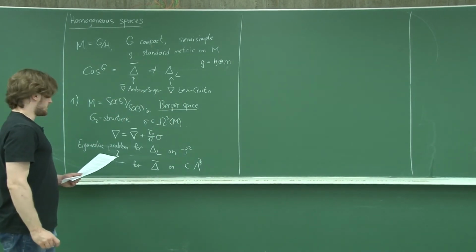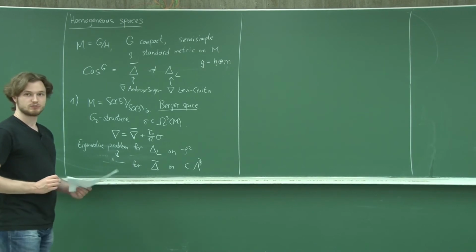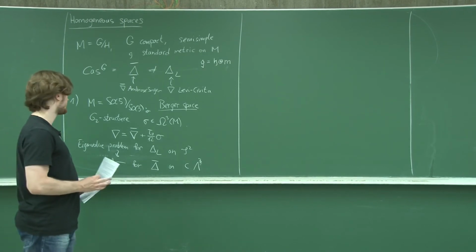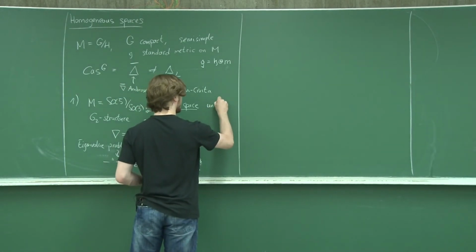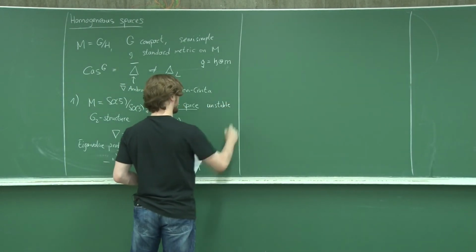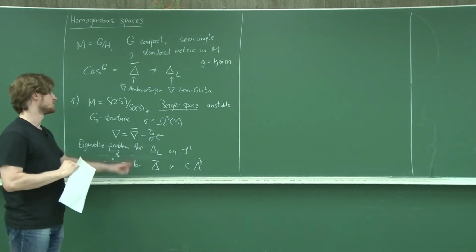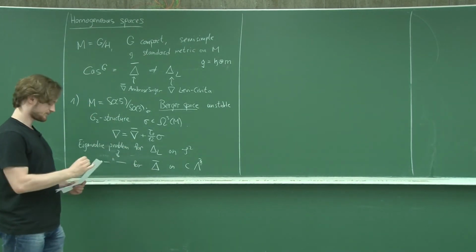Okay, so yeah, my supervisor, Professor Semmelmann, and I succeeded in showing that this Berger space is in fact unstable. So it has a sufficiently small eigenvalue of the Lichnerowicz Laplacian.